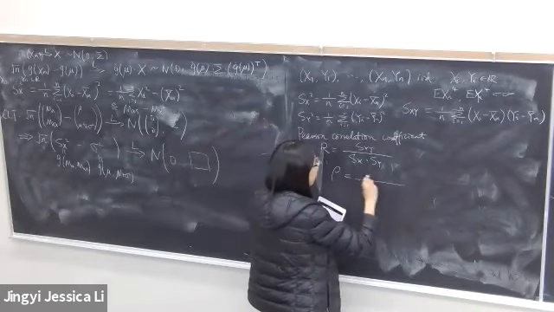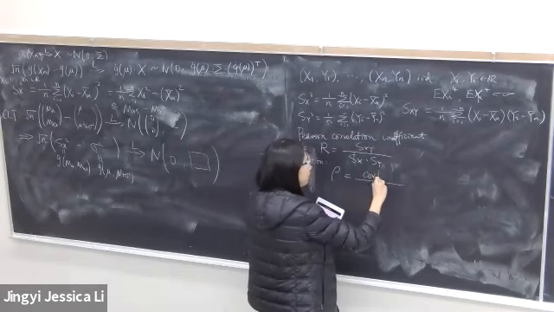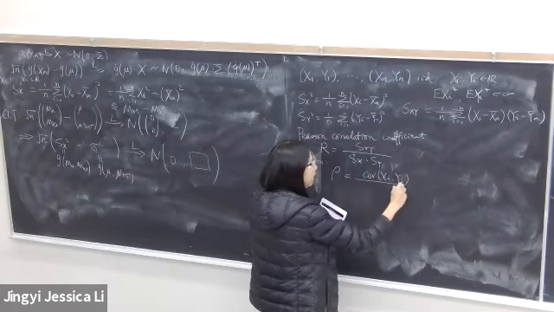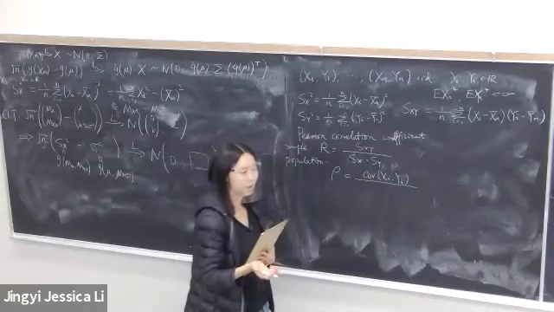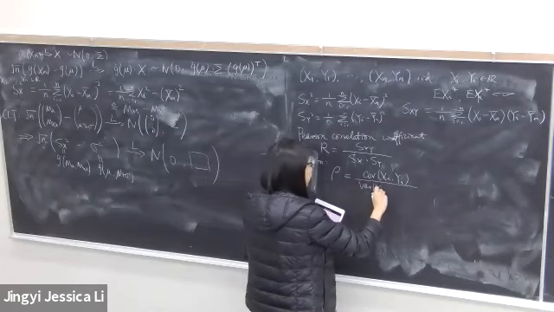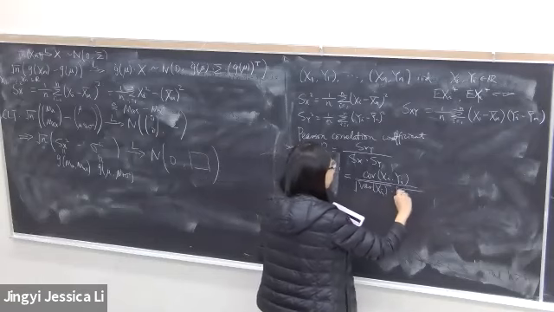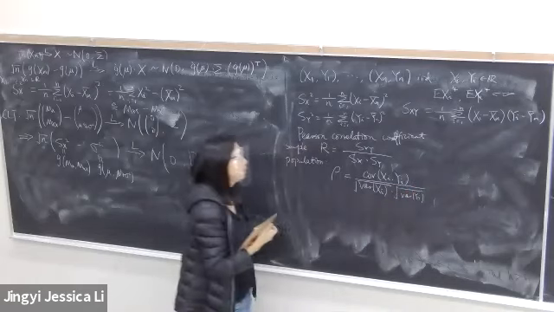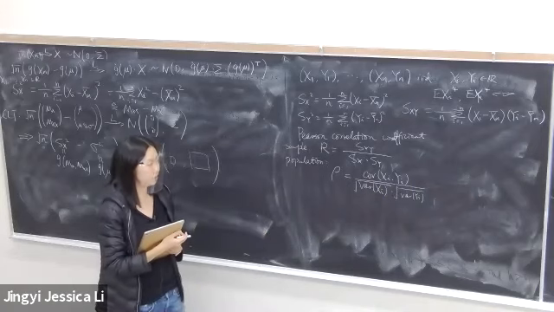So this will be the covariance of xi and yi, or I can drop i and just use x and y as the general notation, divided by the square root of the variance of xi and the square root of the variance of yi. This is the population Pearson correlation coefficient.